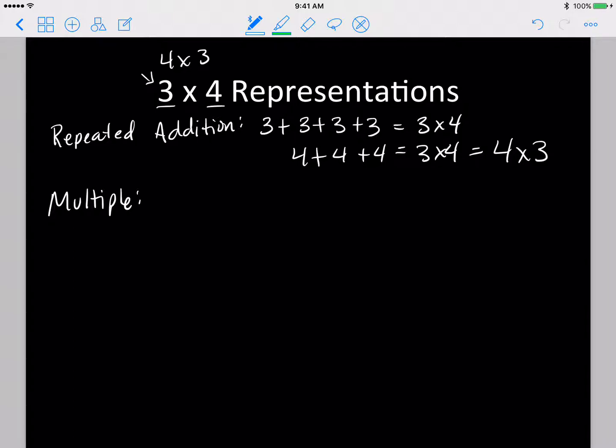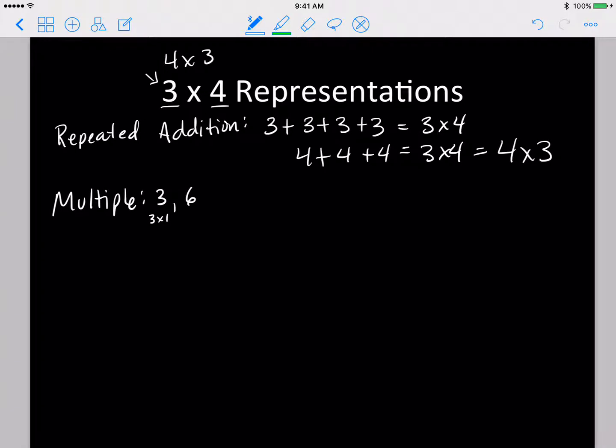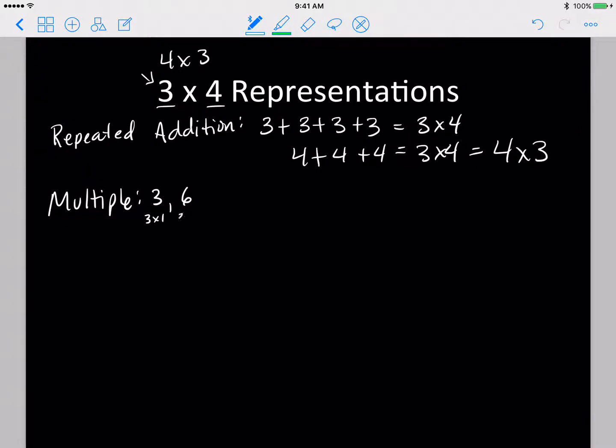So we're just going to skip count starting at 3, because 3 times 1 is equal to 3, right? So 3, skip count by 3, 6, but we know that 3 times 2 is equal to 6, because 3 plus 3 is 6. So 3, 6, 9. So if we have 3 times 1, 3 times 2, that's going to be 3 times 3.